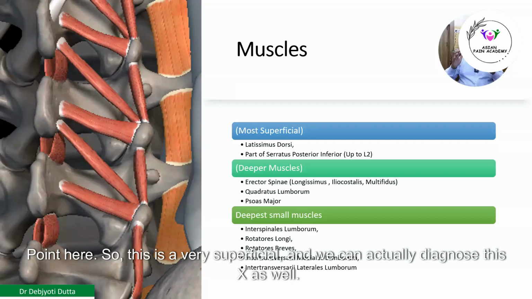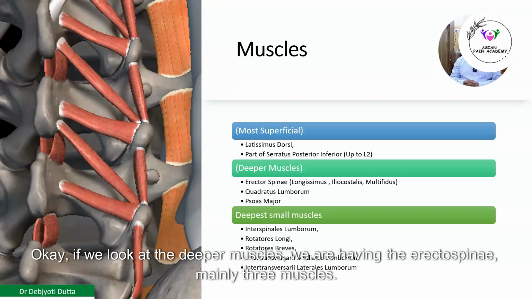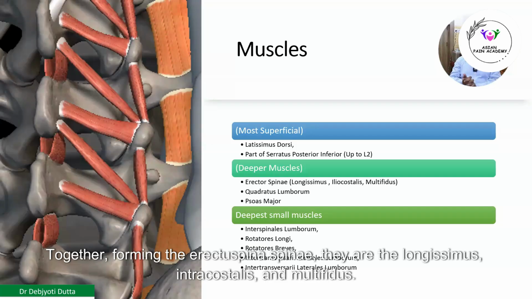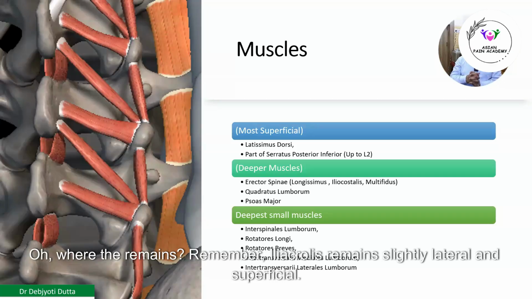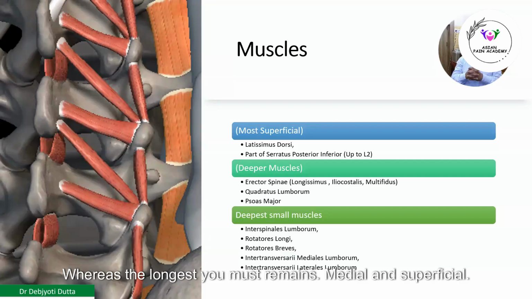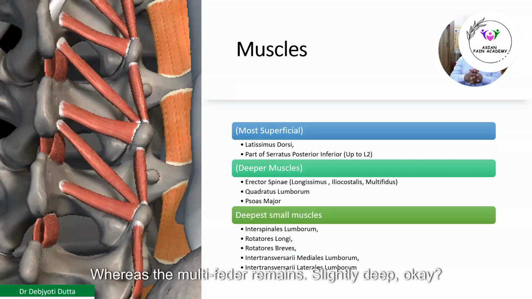Now, if we look at the deeper muscles, we have the erector spinae. Mainly three muscles together form the erector spinae: the iliocostalis, longissimus, and multifidus. Remember, iliocostalis remains slightly lateral and superficial, the longissimus remains medial and superficial, whereas the multifidus remains slightly deep.